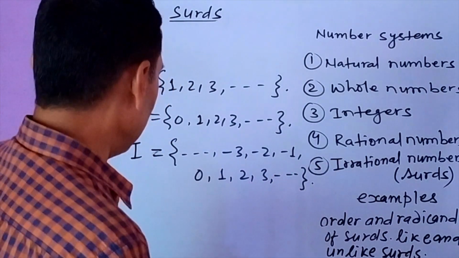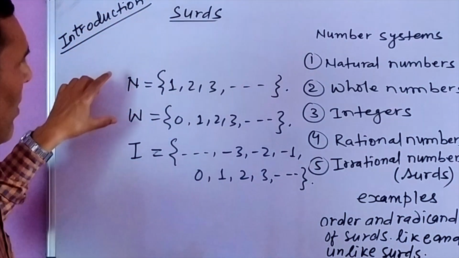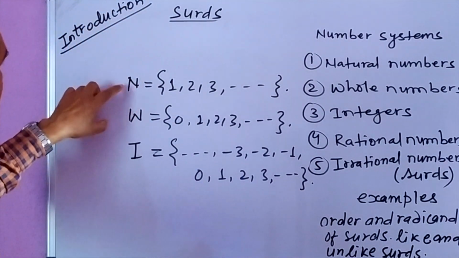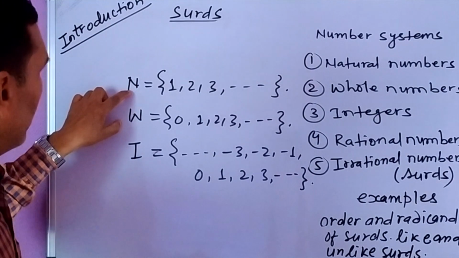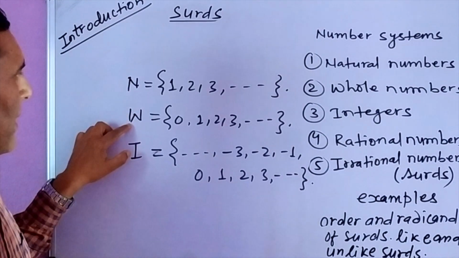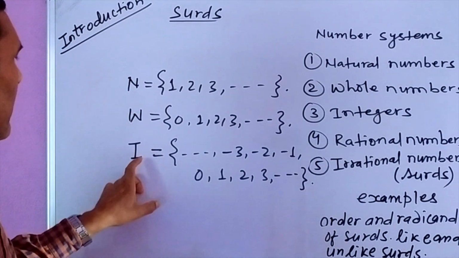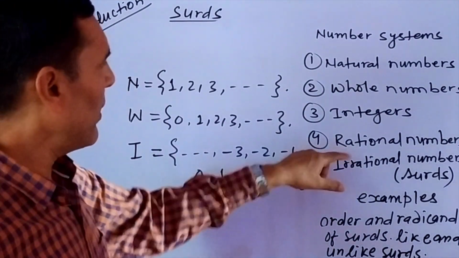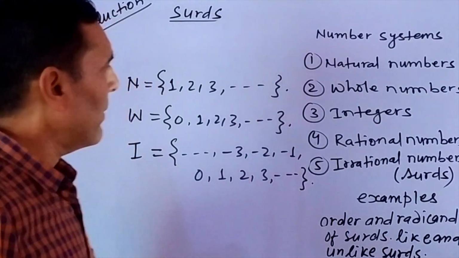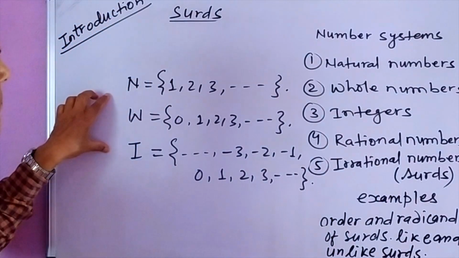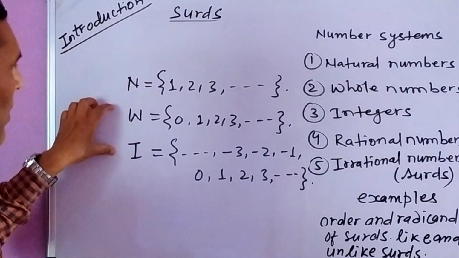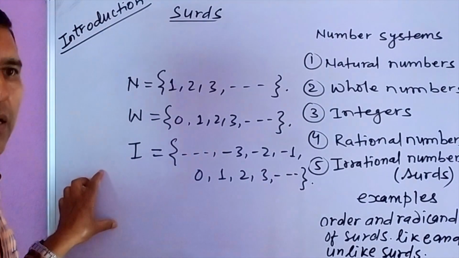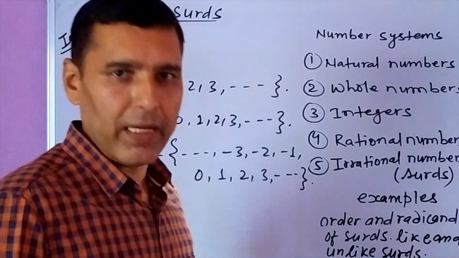And rational numbers. Here you can see that natural numbers are a proper subset of whole numbers, and whole numbers are a proper subset of integers. Now more than this we have the rational numbers.